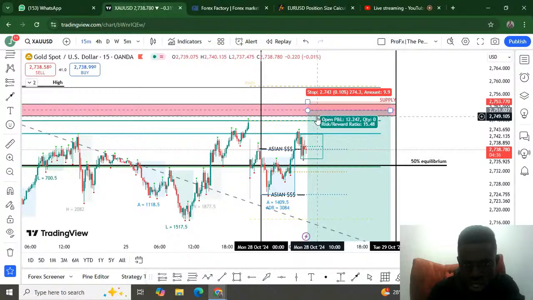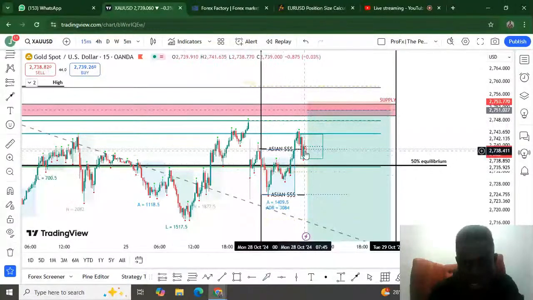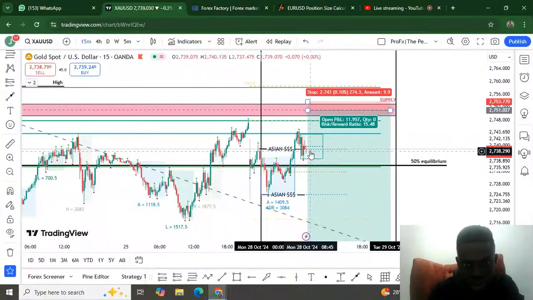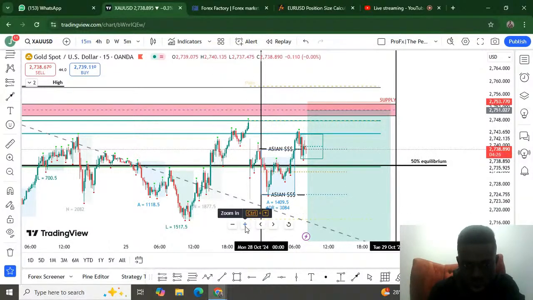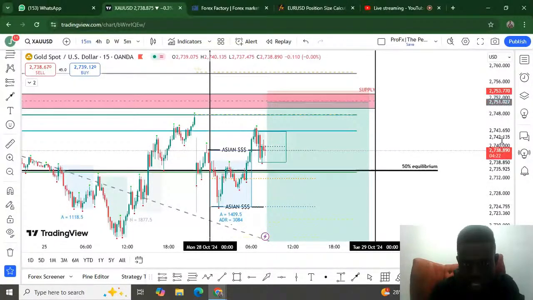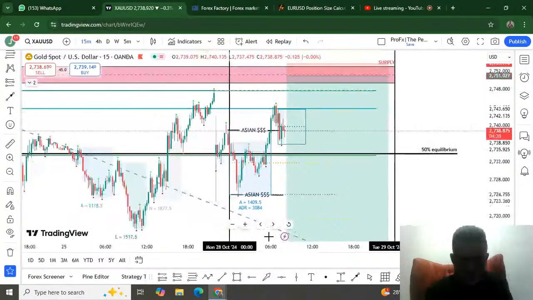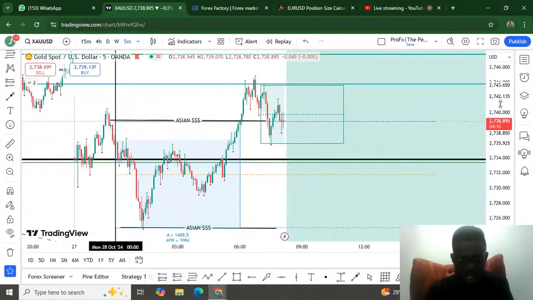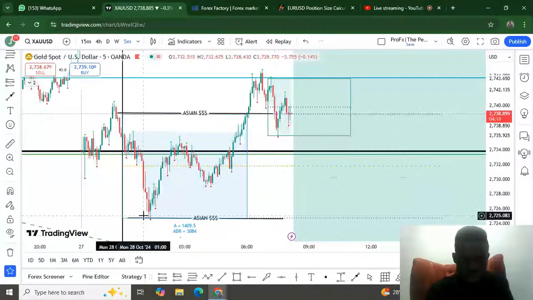For gold, just stay out for now because we are still forming bullish structure above 50%. This is not the right time to sell. We want to sell on gold, but what gold is currently forming is a bullish structure today. This is Monday, right? Is this not bullish structure?